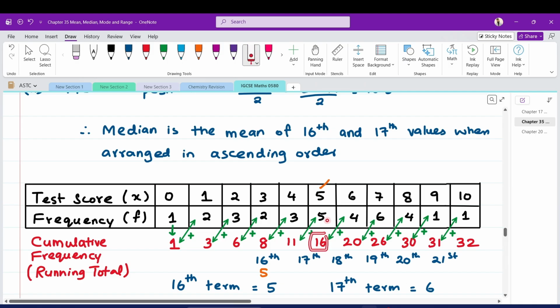The 16th term is going to be the score of 5. After that, 6 is going to occur 4 times. So my next scores will be 6, 6, 6, and 6. Then after that it would be 7. So this is how my data is continuing. That's how you read the data from the frequency table.